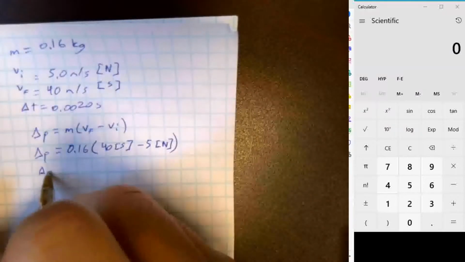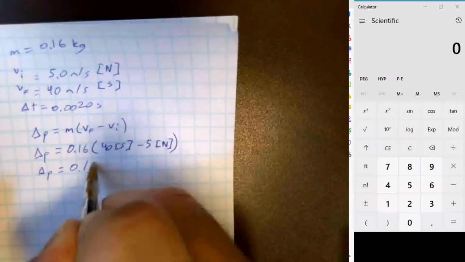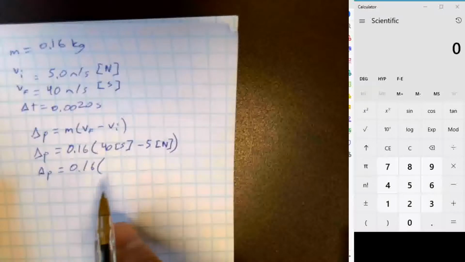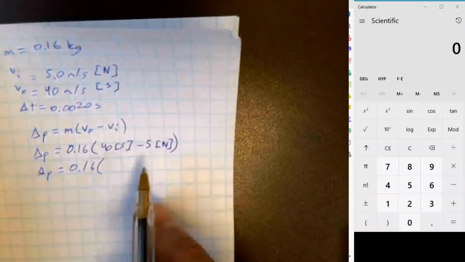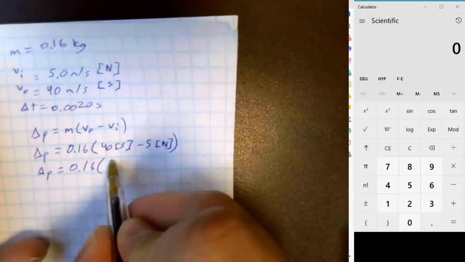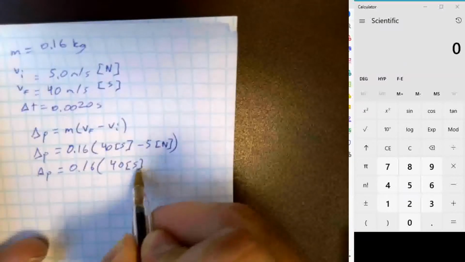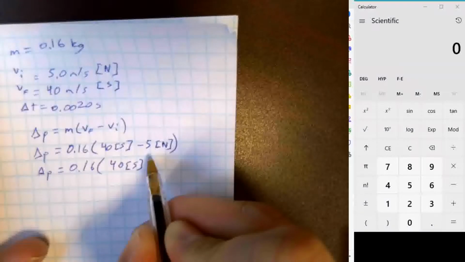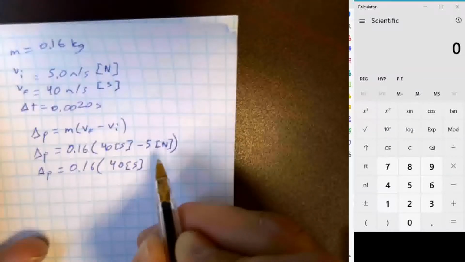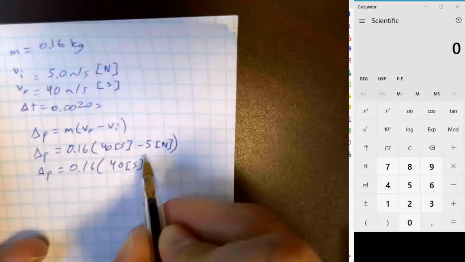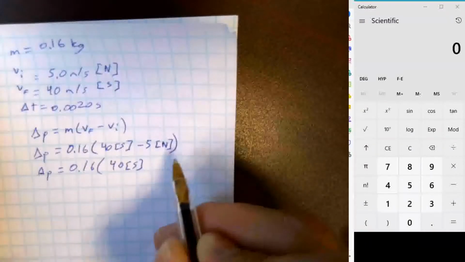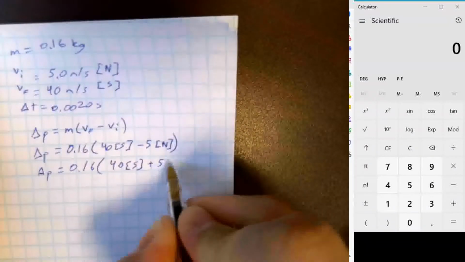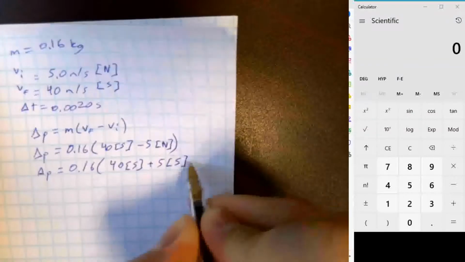I cannot add or subtract north and south directions, so I have to change those directions. So this is 40 south minus 5 north, and 5 north is the same as minus 5 south. So subtracting a negative 5 south would be the same as adding a 5 south.